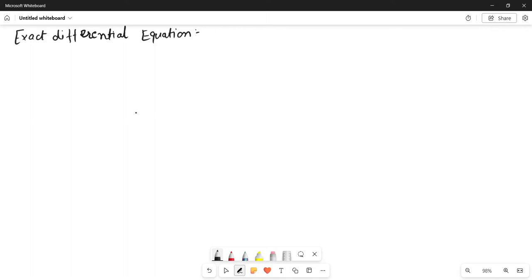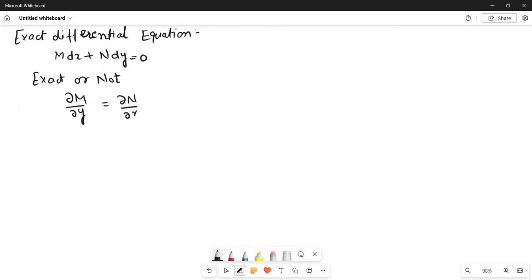Suppose that you are given an equation like M dx plus N dy equals to 0. You have to check whether this equation is exact or not. For that, we will find del M by del y equals to del N by del x.